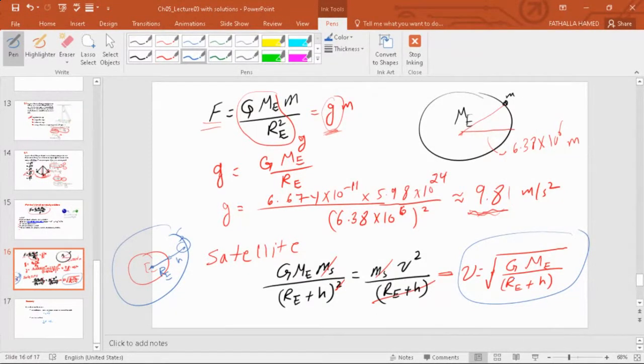Now you may play around with this. Let's say I want the satellite always facing the same point on the Earth.